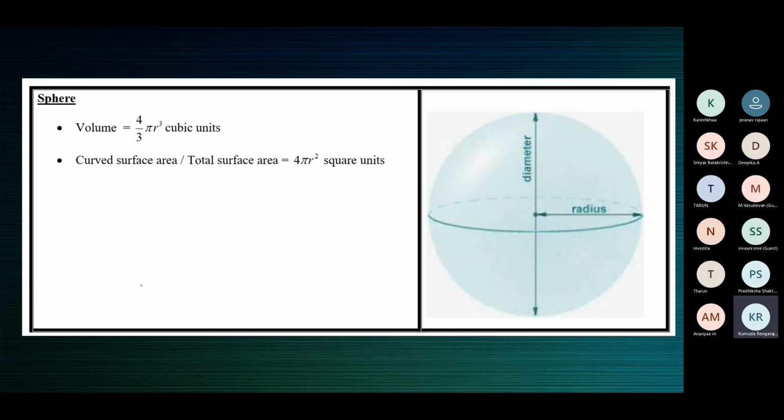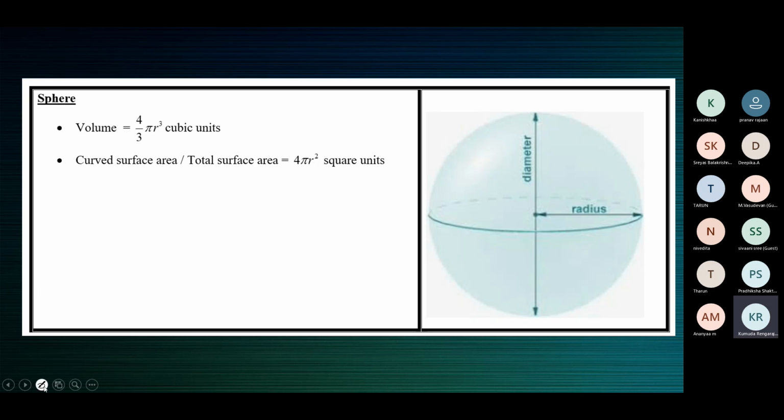D. In terms of r, how will you represent the diameter? 2r. Very good. So the height of the sphere is equal to 2r units.